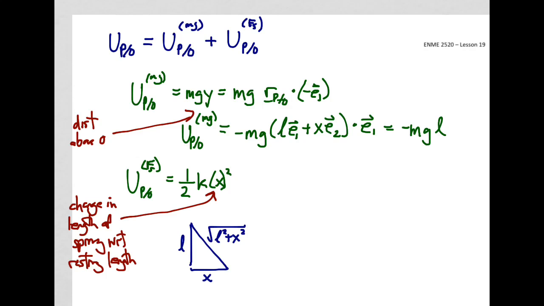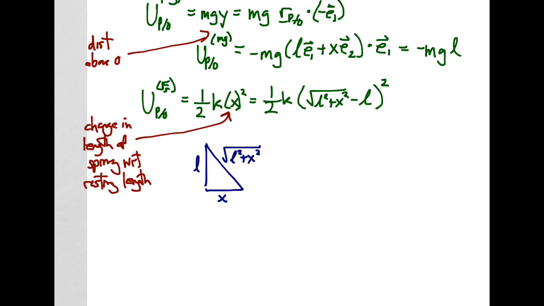So our expression for the potential energy of the spring is 1/2 k, and then the change in length with respect to the resting length, which is the square root of L squared plus x squared minus L, and it's that entire quantity squared. We just square that entire piece, and that's our potential energy of the spring.